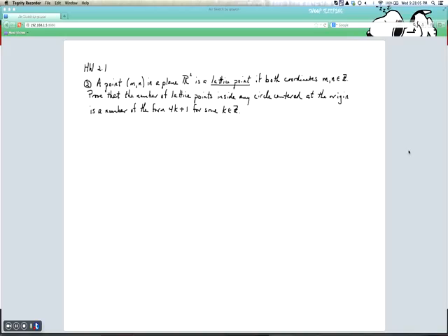Sometimes it helps to put a little diagram in things, so let me start with a little picture. If we have a circle, let's see if I can freehand draw a circle. Hey, that's not really bad. It could be much worse. If you think about this, we've got one point that would always be in here, and that is the center point at the origin.